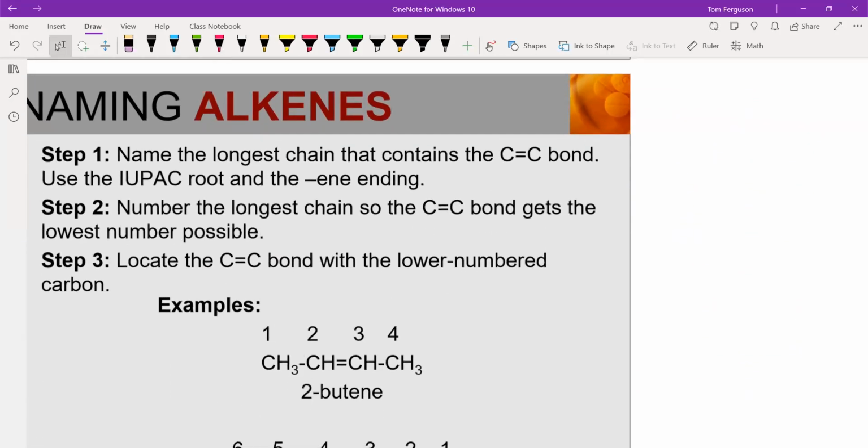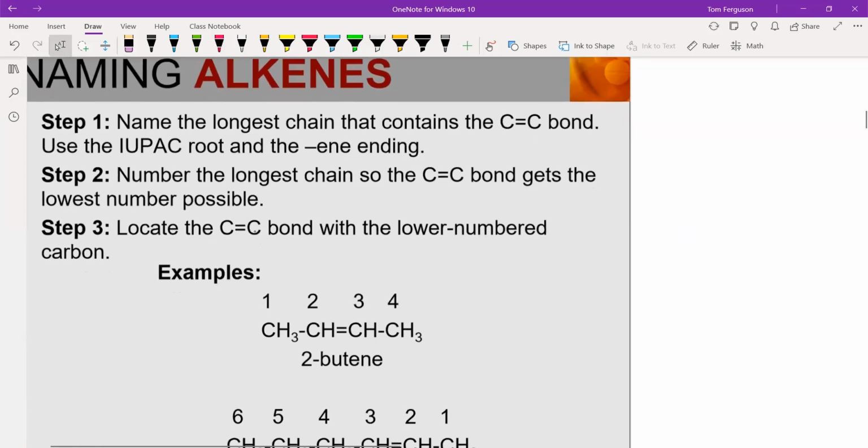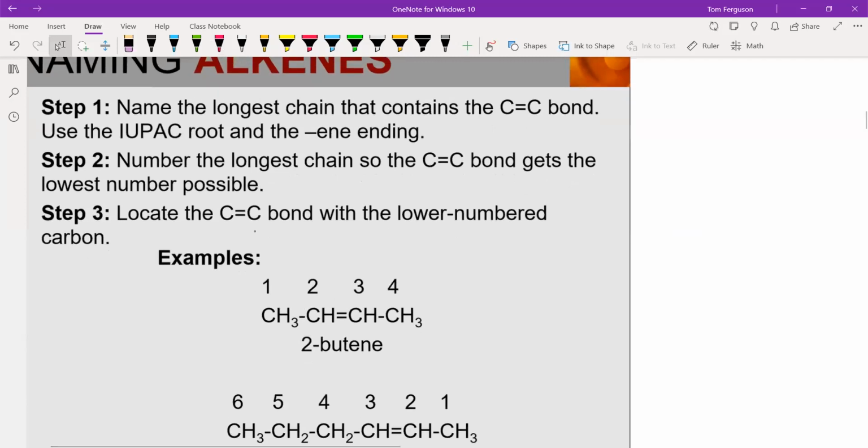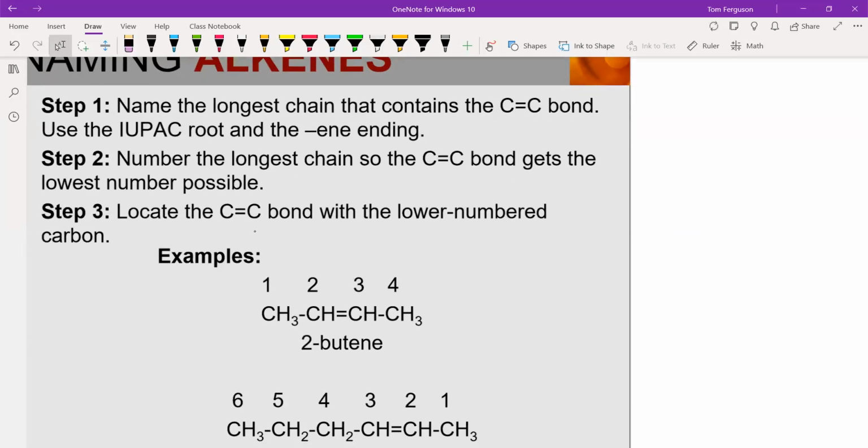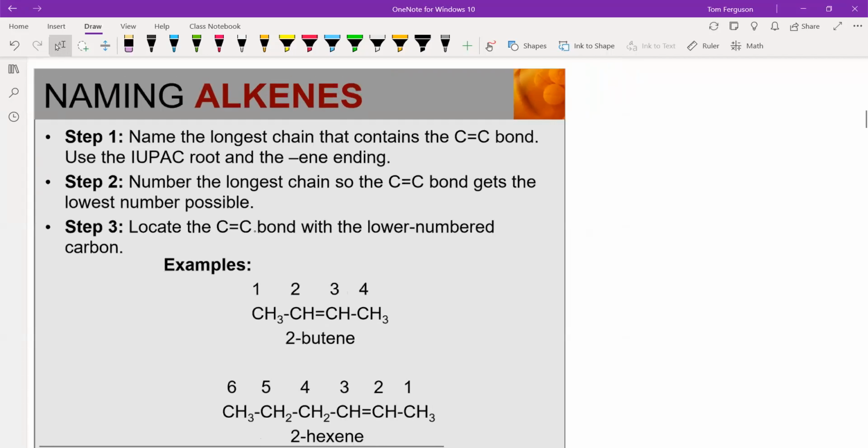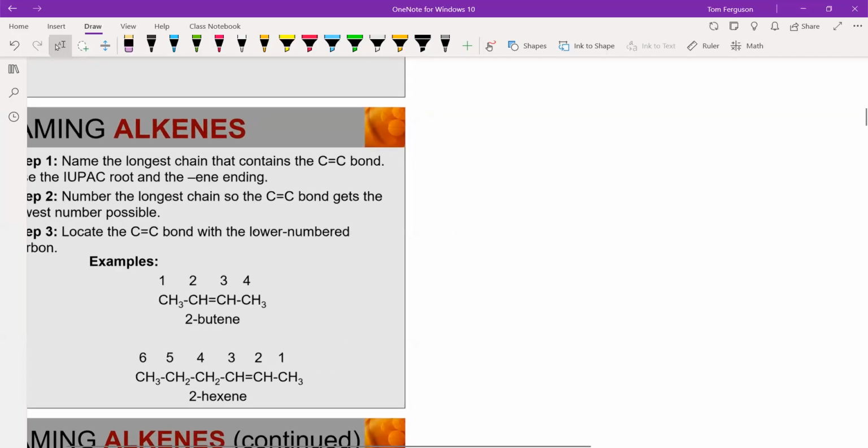So let's talk about naming. Again, it follows the same rules. We've got 3 parts. This is branch. Backbone.